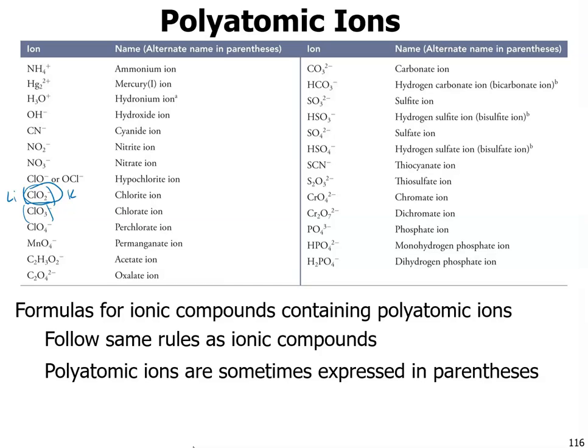You don't necessarily have to break them down into their fundamental elements like chlorine and oxygen. It should work out either way, but sometimes it goes a little faster if you group these.